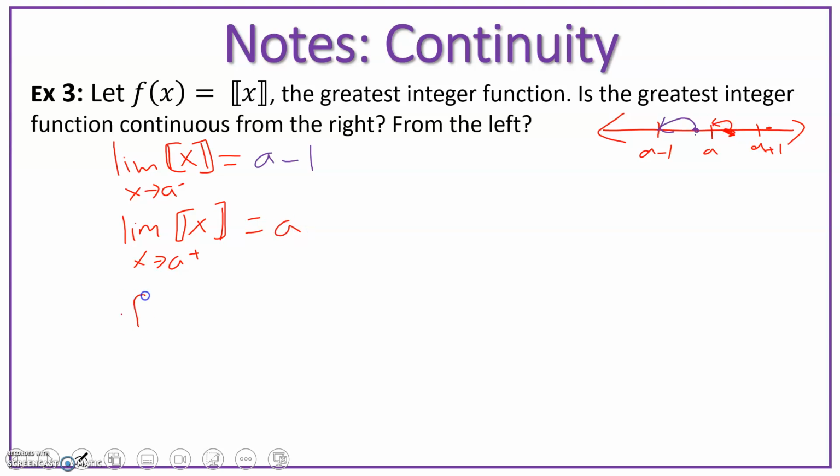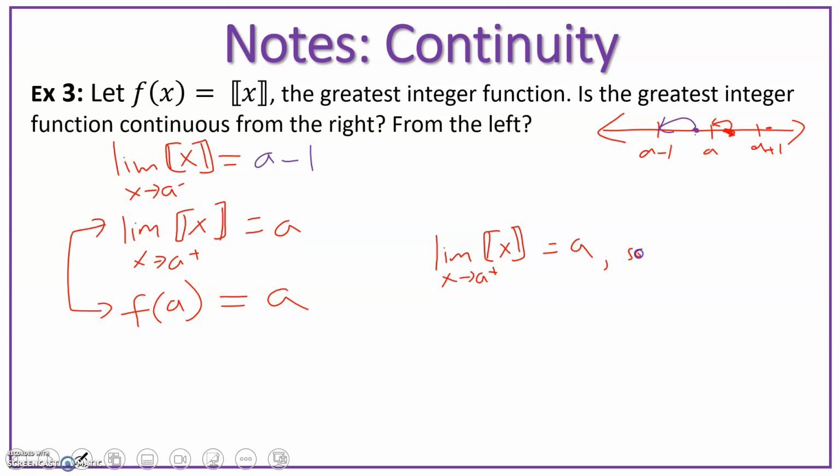Now we know mathematically speaking that f of a, if a is an integer, is going to give a. So given a being an integer, we could see then that these two match. So the limit of our greatest integer function as x approaches a from the right is equal to a. So our greatest integer function is continuous from the right.